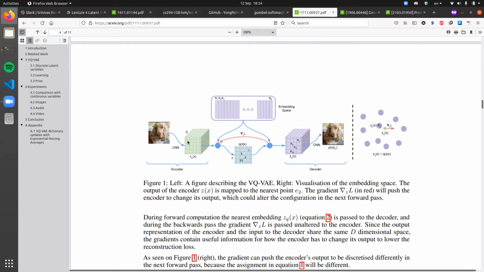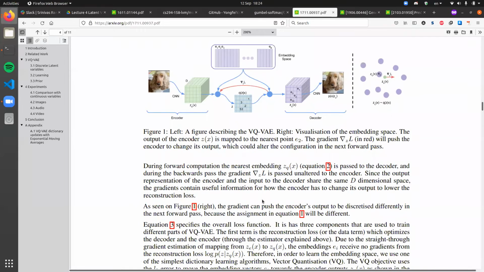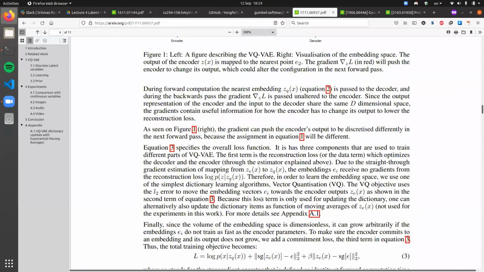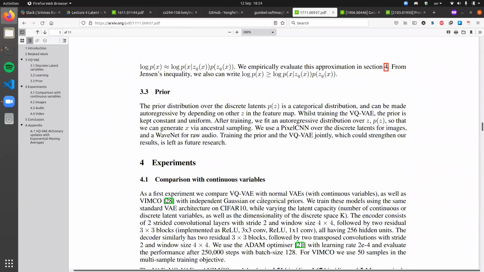We copy it to the encoder at this position, and we will also see what it means in PyTorch language.